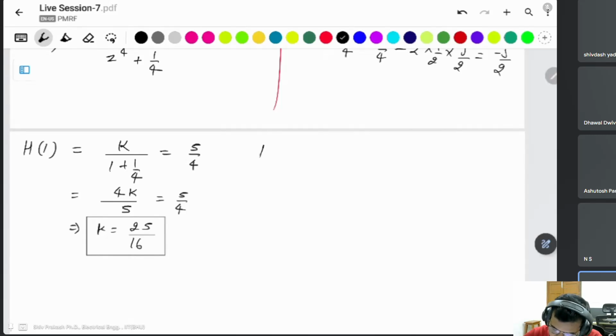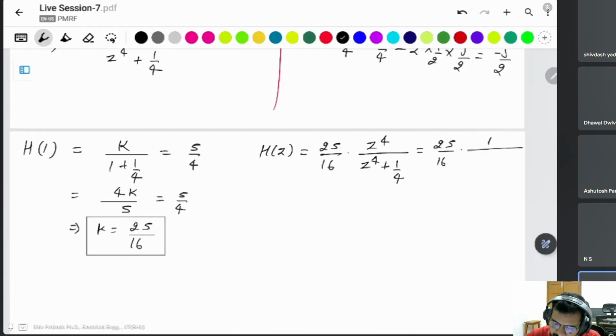Then what is the H(z)? 25 divided by 16 into z power 4 divided by z power 4 plus 1 by 4. Then you can write this thing as 25 by 16 into 1 divided by 1 plus 1 by 4 z power minus 4.